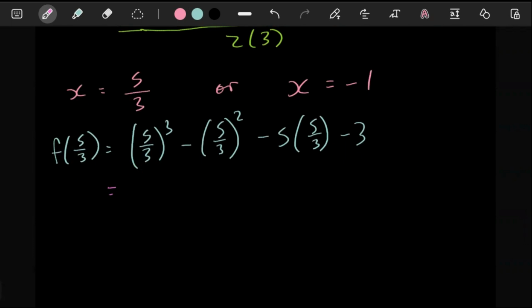Nice. Minus 5 over 3 squared. And then minus 5 bracket 5 over 3.